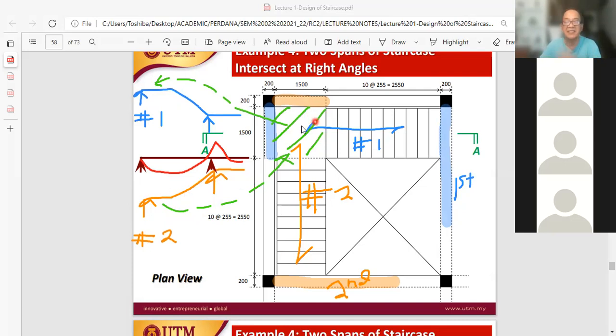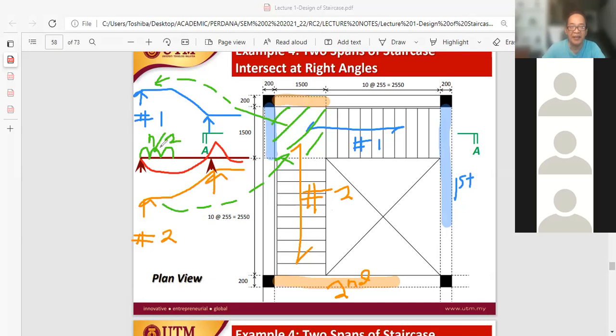Maka if this is the case, maka loading pada bahagian landing, just bahagian landing sahaja, is divided into 2. Separuh pada larian 1, separuh lagi pada larian 2. So N pada landing ni adalah N bagi 2. Untuk setiap larian 1 dan larian 2.